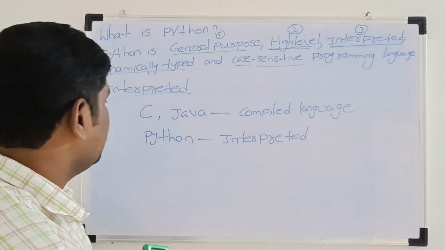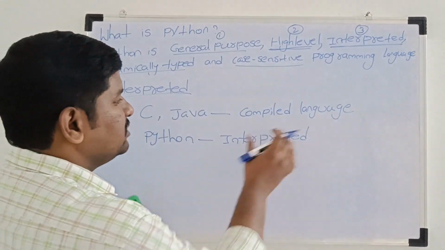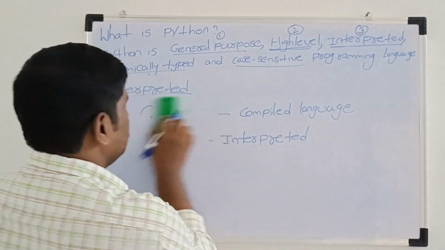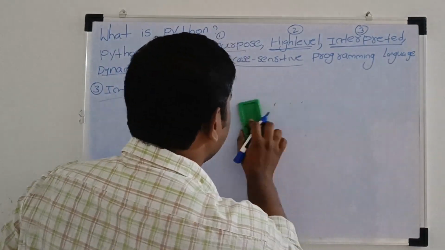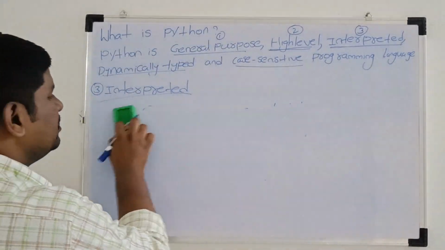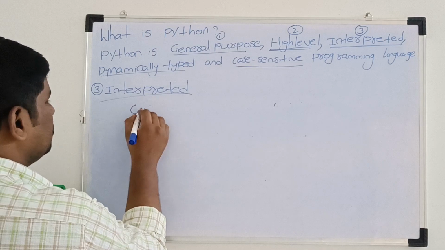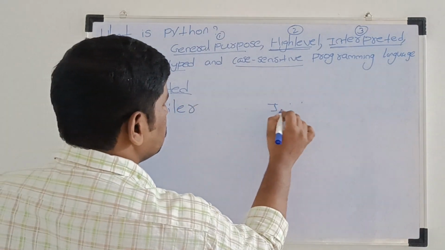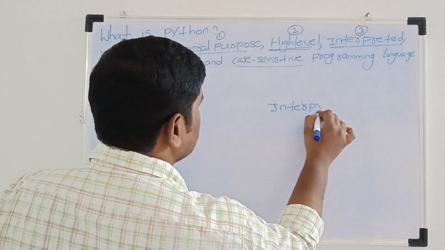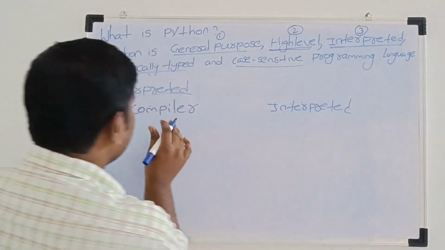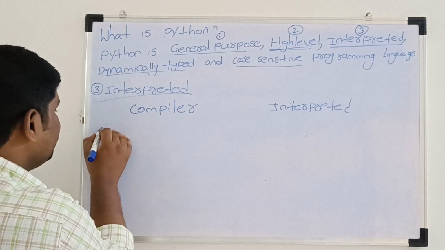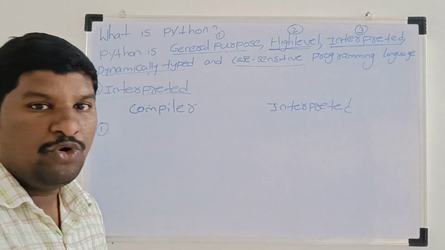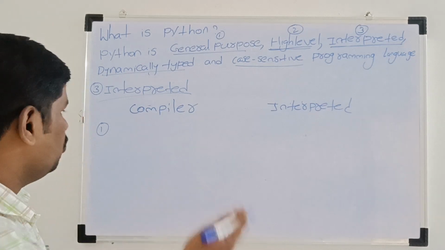So now I can differentiate between compiler and interpreter. Now you can see the difference between compiler and interpreter. Here the compiler converts the entire source code of a programming language into machine code.